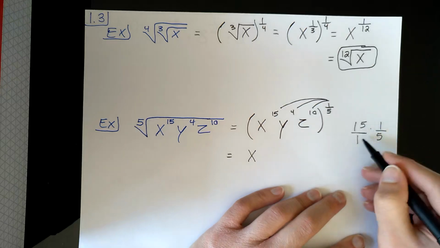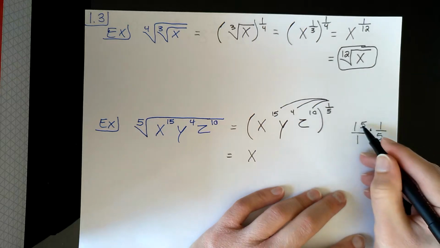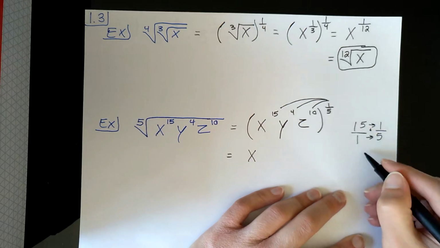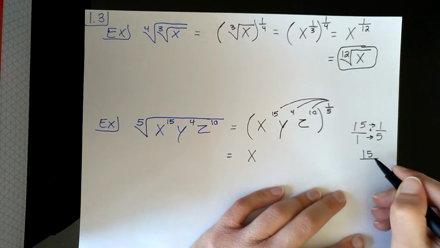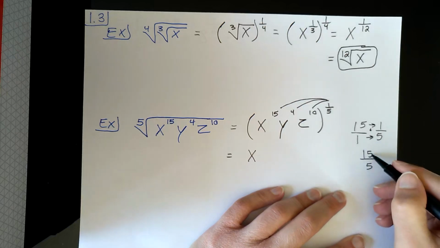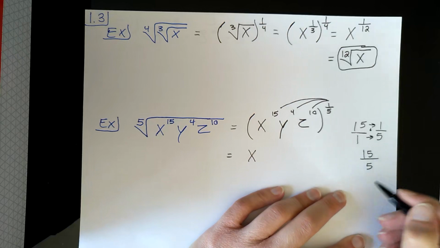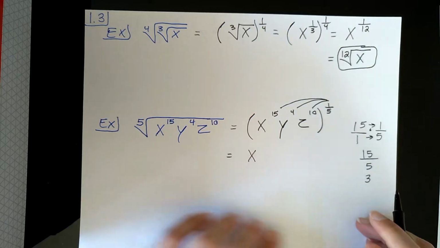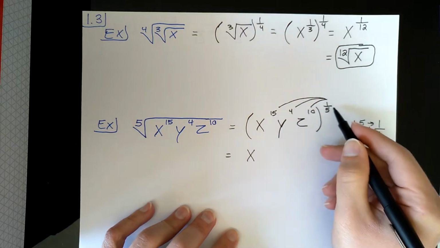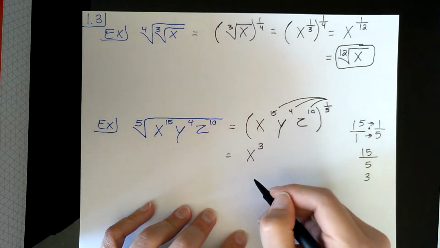And now that we have two fractions being multiplied, we will multiply straight across, which gives us 15 times 1 is 15, over 1 times 5 is 5, and 15 divided by 5 is 3. So x to the 15th to the 1/5 becomes x cubed.